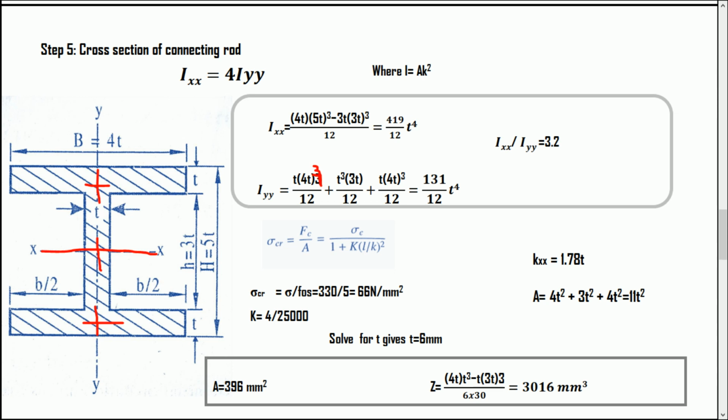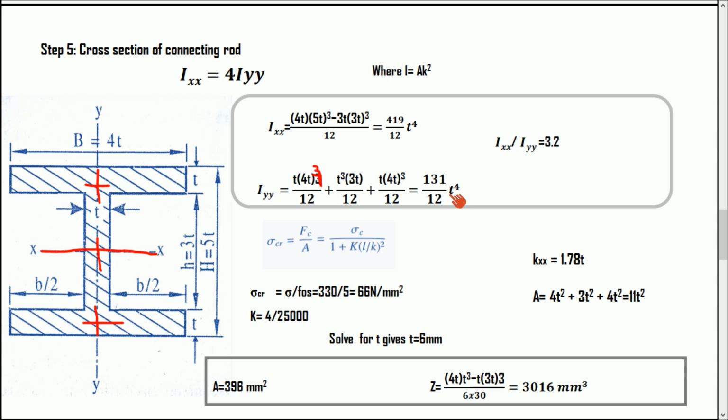Plus, if you consider the second section, the mid section, then the breadth is 3t, depth is thickness. So breadth into depth cube by 12, plus similarly for this one, breadth is going to be t and depth is going to be 40. So t into 40 cube by 12. So the net value of Iyy is going to be 131 by 12 into t raised to 4.